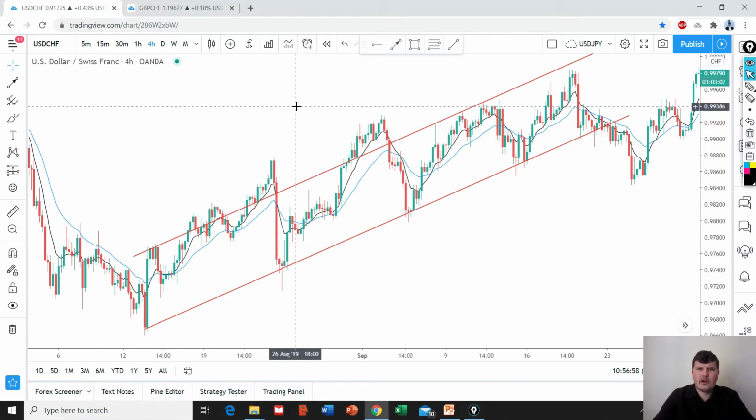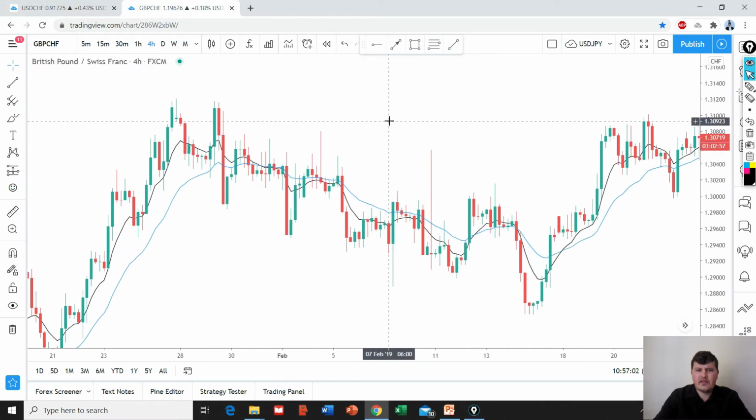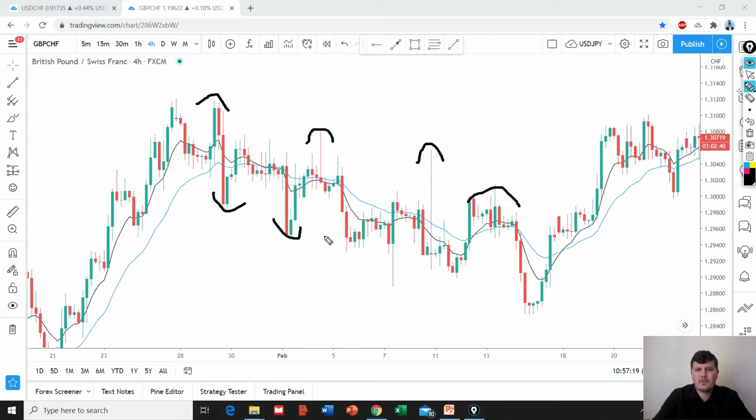Then for our bearish channels, this is a different example, and like I said, you can see this is a clear downward trend by looking at the price making lower highs, lower highs, lower highs, and lower lows.